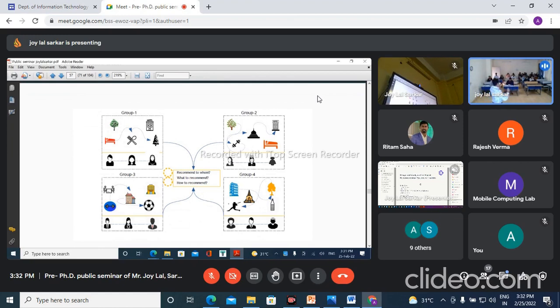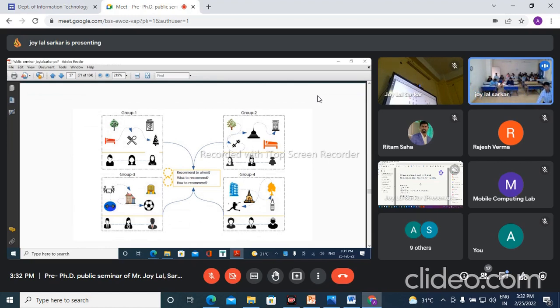I cannot just recommend what I like, because that may not match other members. We need to please other members also, not only myself. We need to please each and every member of my group. So how to satisfy them? This is our objective here.